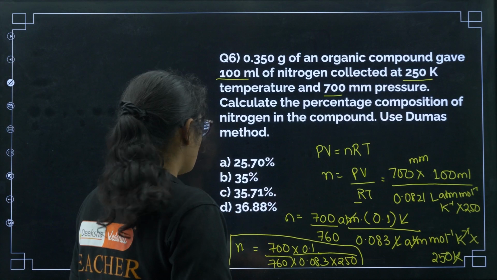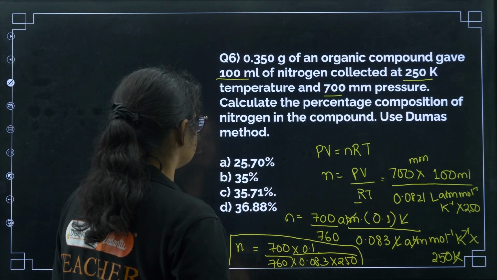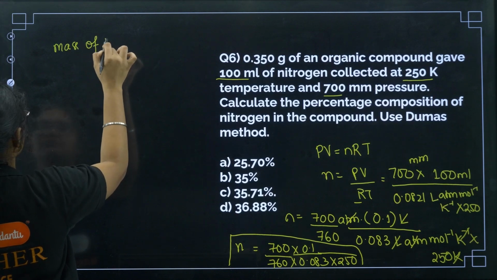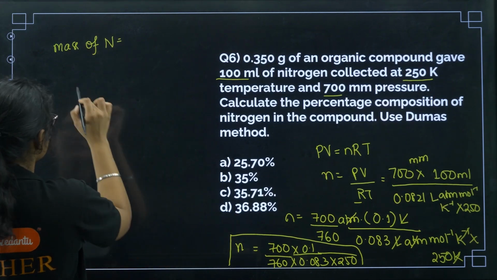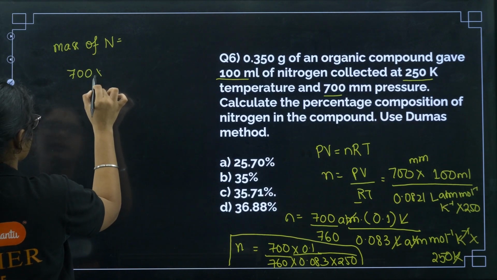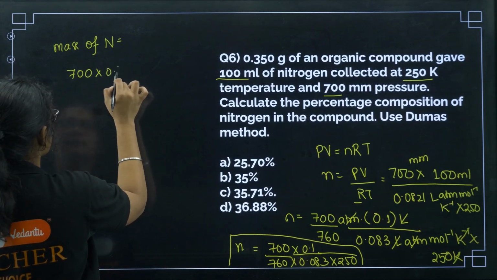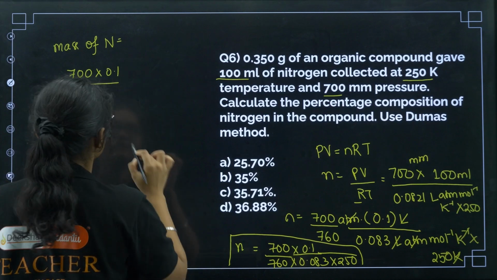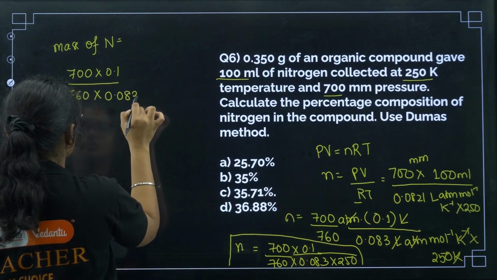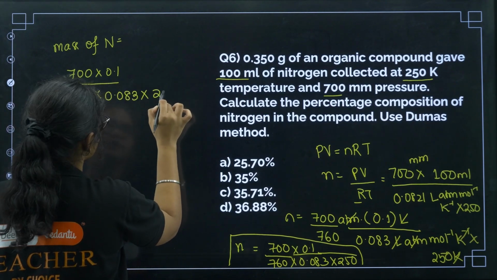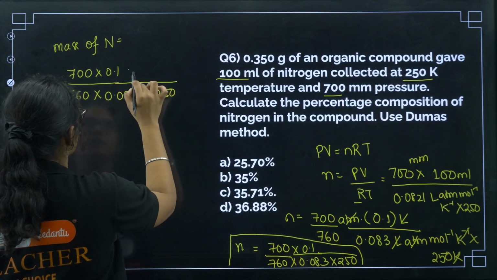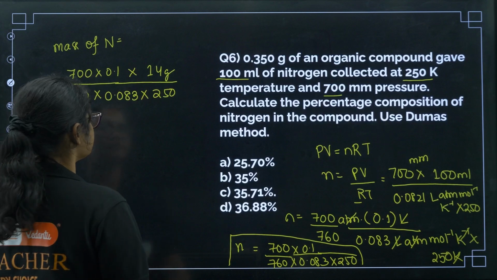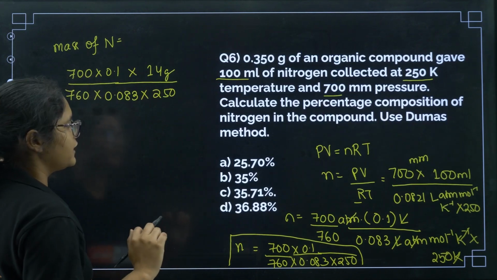Clear? Now after getting this one, we can calculate the mass of nitrogen. What is mass of nitrogen? Number of moles into molar mass. So I can write 700 into 0.1 divided by 760 into 0.083 into 250, into 14 grams. If you get this one, this is the mass of nitrogen produced.